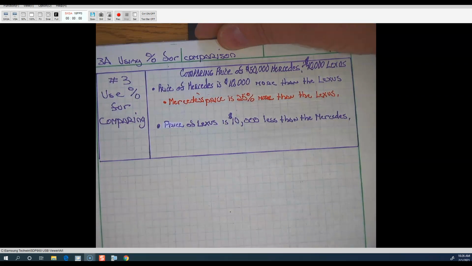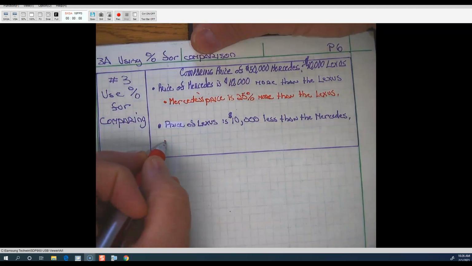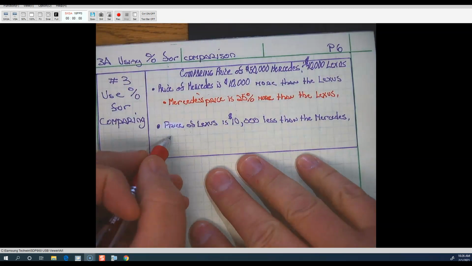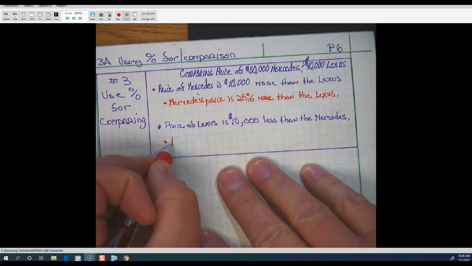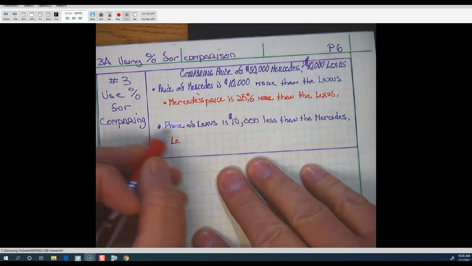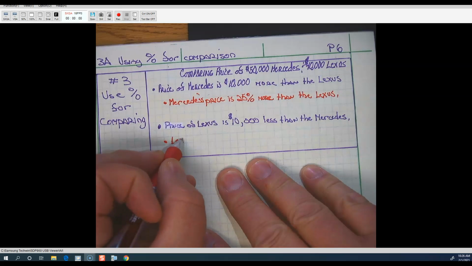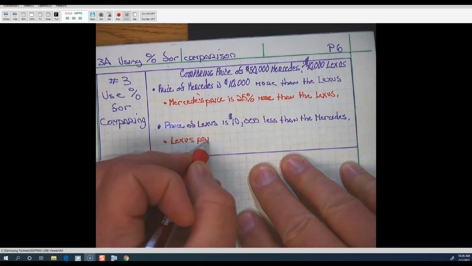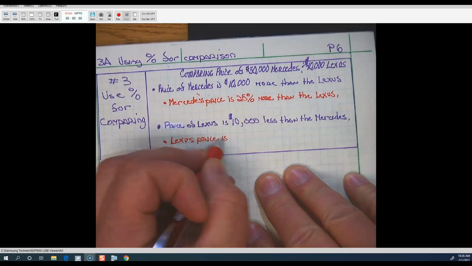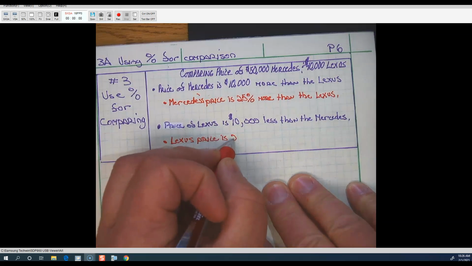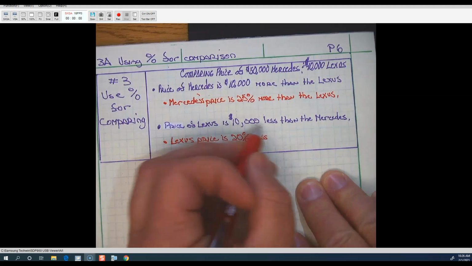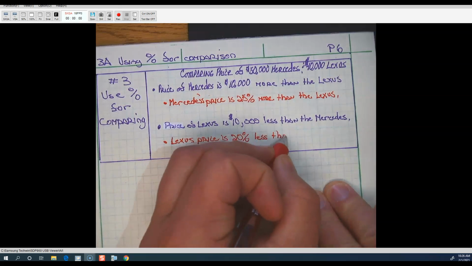All right, now here's the part that's kind of strange. If I write it down here for the Lexus, watch what happens. The Lexus's price is 20% less than the Mercedes.